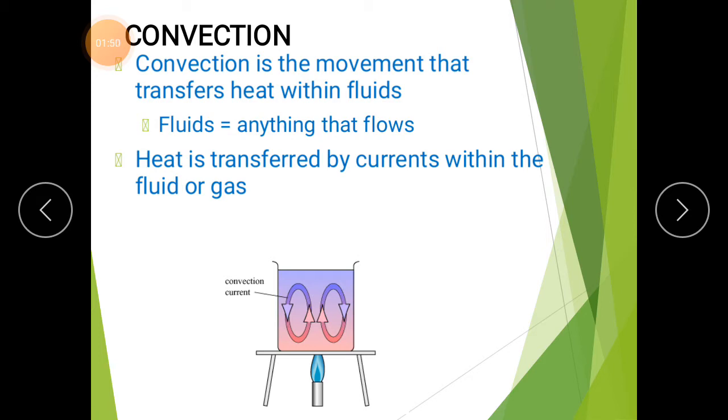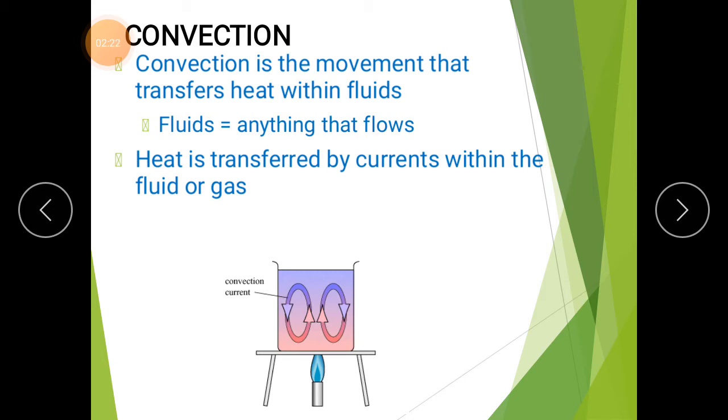Convection cannot happen in solids because the particles are held in a framework and cannot move around as they do in liquids and gases. Conduction takes place in solids, but convection takes place in liquids and gases.